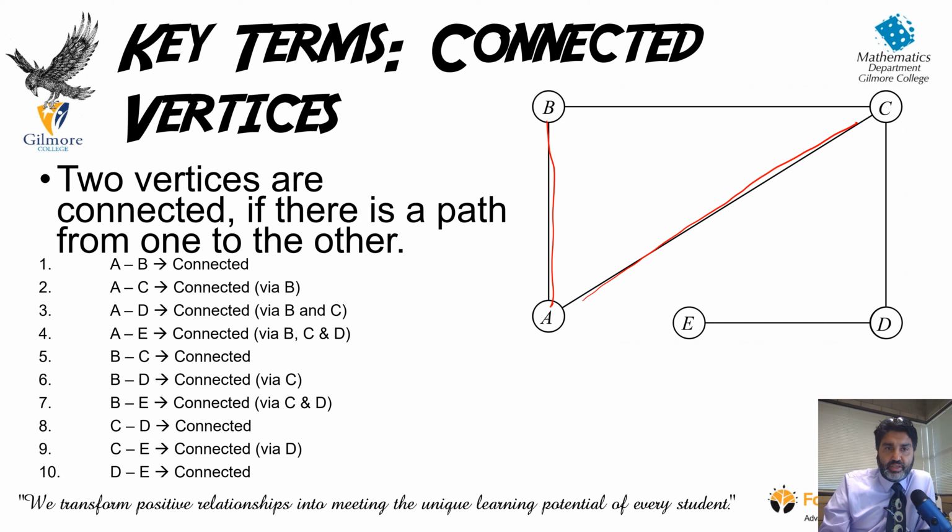A to D. So to get to D, I can go via C down that way. Okay, if I want to go A to E, I'll go a different color here. I can go that way, and then that way. All right. So I've got all the possible listed connections there.